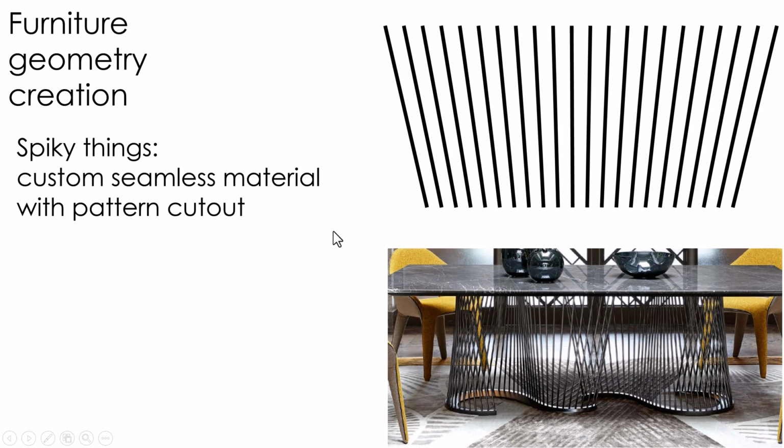So other things that you can do as you're creating furniture and geometry include creating a pattern out of just lines. In this case, I created it in Adobe Illustrator. Illustrator has some great tools for blending objects at different angles and creating multiple repeats. And then you can create a material where the white area between these spokes is a void and a cutout.